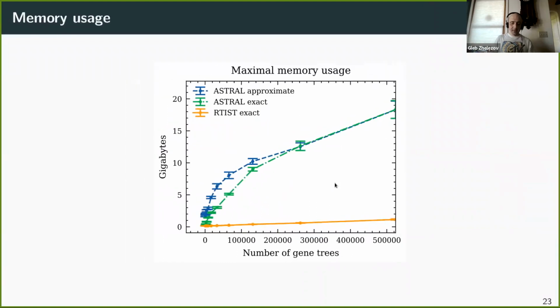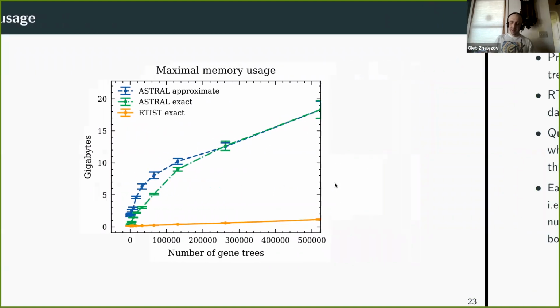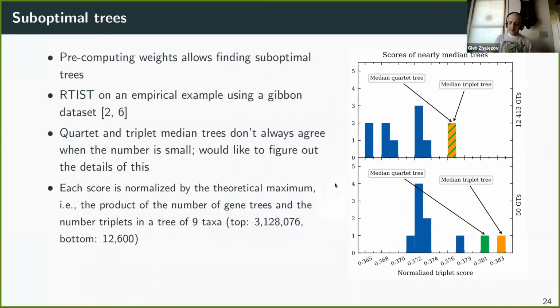Right. So that's the memory usage, and then finally, it gives you this cute feature, which was one of the features we were looking for in our original project. And instead, you can look at suboptimal trees now very easily.